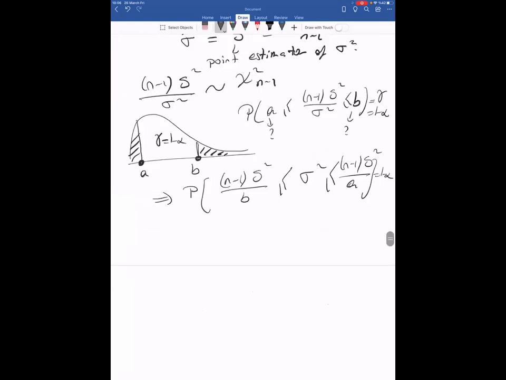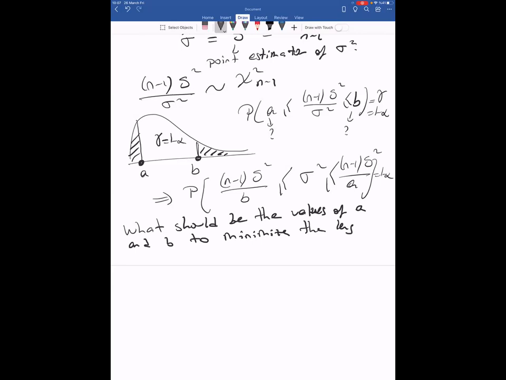So our main question is, what should be the values of A and B to minimize the length of this interval?